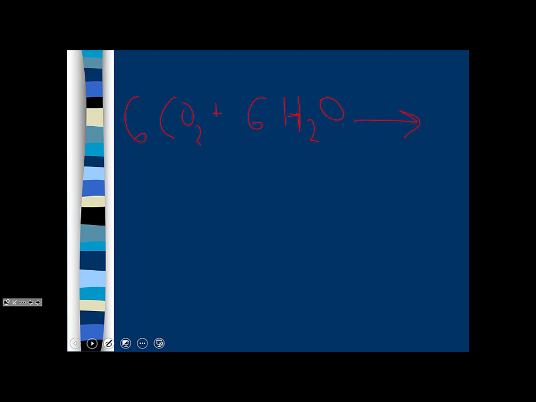All that goes to make C6H12O6 plus 6O2. Now, we know this equation from photosynthesis, right?